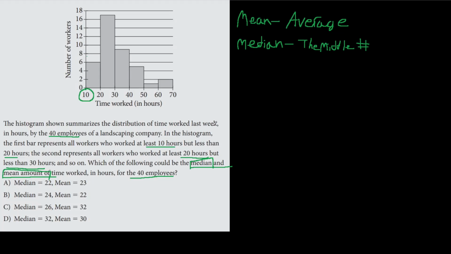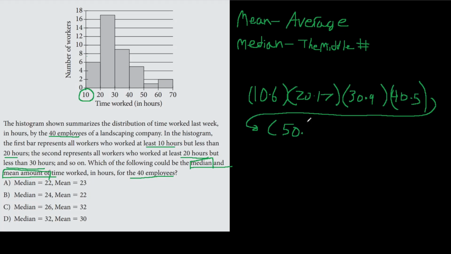What you want when you average is the number of hours divided by the number of employees. So this is going to mean 10 times 6, and you're basically going to write all of these out, multiplying the number of hours by the number of workers, in order to find how many total hours they got. And whatever we get, we're dividing it by 40, because that's the amount of workers.